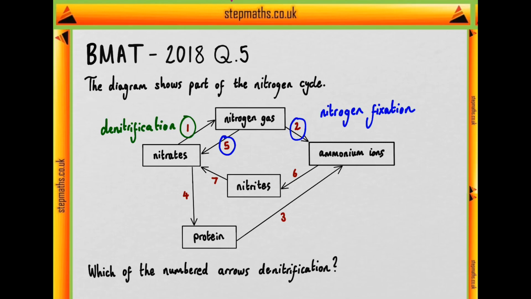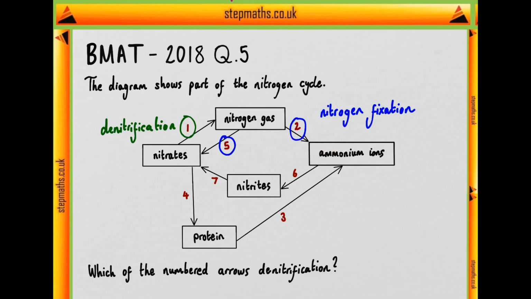And something that will remind you that this is nitrogen fixation is that there are two different pathways, and this presumably is referring to the most common pathway, which involves nitrogen fixing bacteria which are found in the soil and in root nodules, which converts nitrogen gas into ammonium ions. But there's also atmospheric nitrogen fixation, which converts nitrogen gas into nitric oxides, which can then be converted into nitrates. So that's atmospheric and bacterial nitrogen fixation.